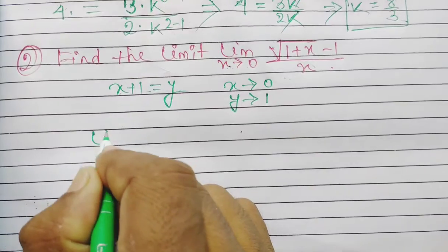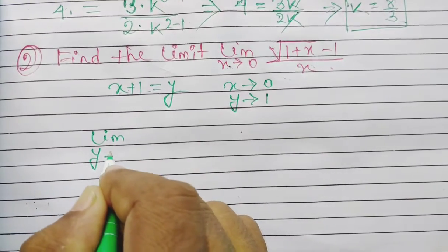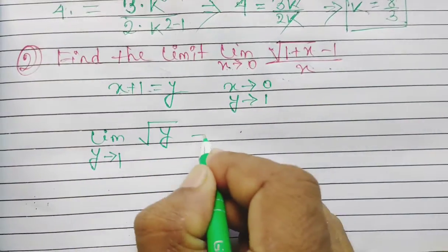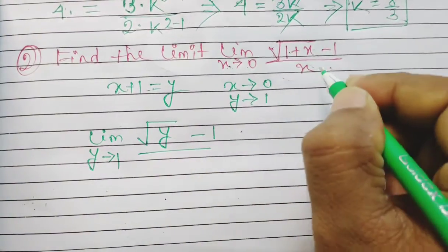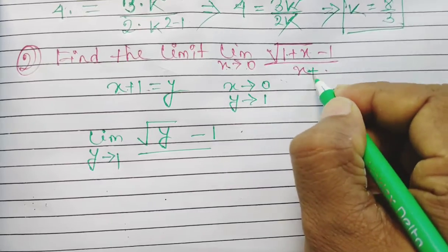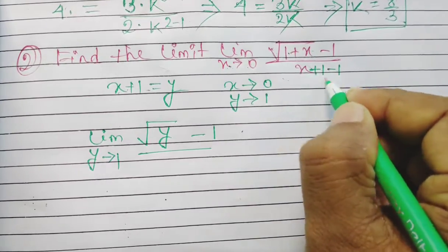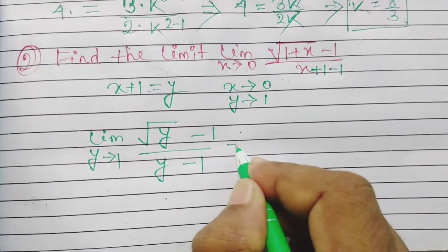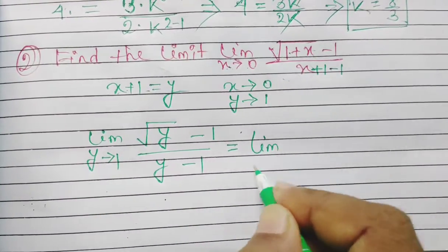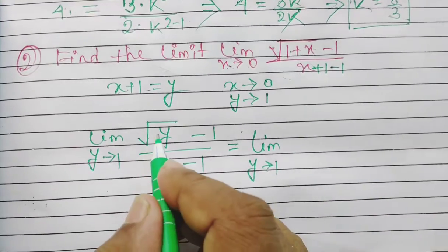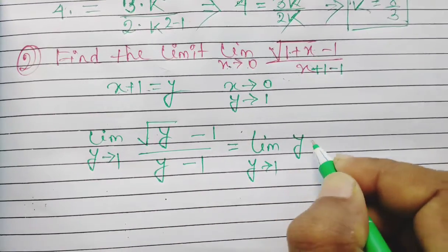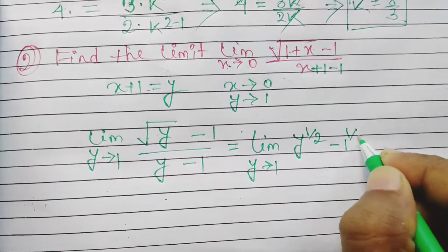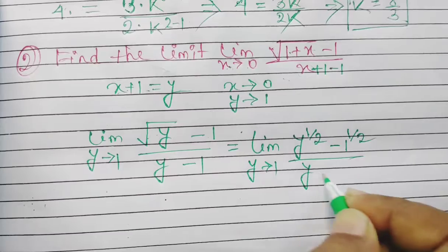Okay, now apply. So limit of y tends to 1, under root 1 plus x means y, and x can be written as x plus 1 minus 1, so x is y minus 1. Now limit y tends to 1, under root y can be written as y to the power half, and 1 also as 1 to the power half, by y minus 1.